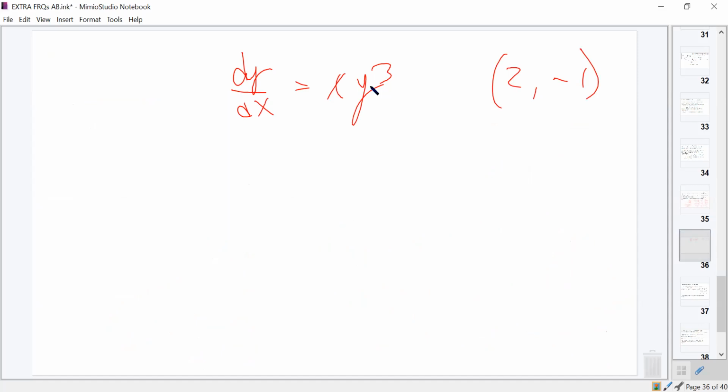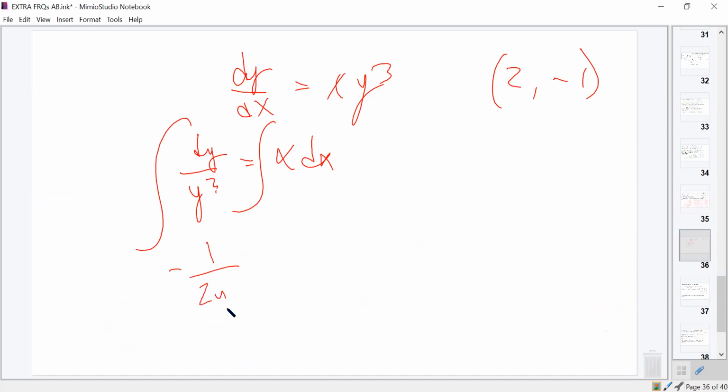This is a separable differential equation, so we'll separate the variables. dy over y cubed equals x dx. Integrate both sides. Remember that dy over y cubed is just y to the -3. So if you integrate y to the -3, you got to get -1 over 2y squared is x squared over 2 plus the constant. Everybody good with that?